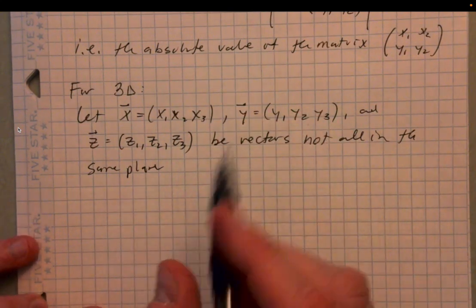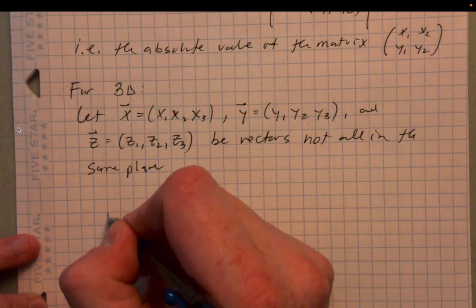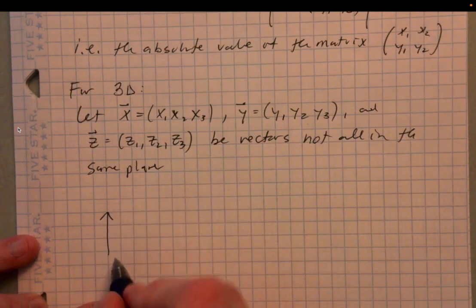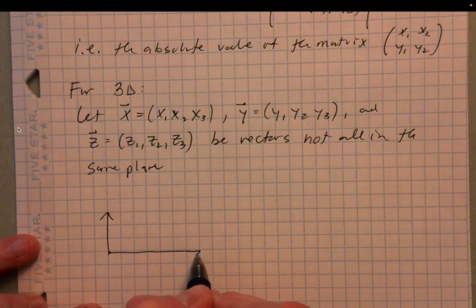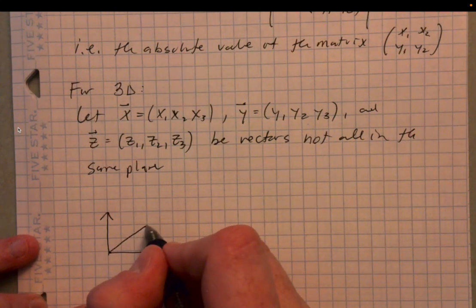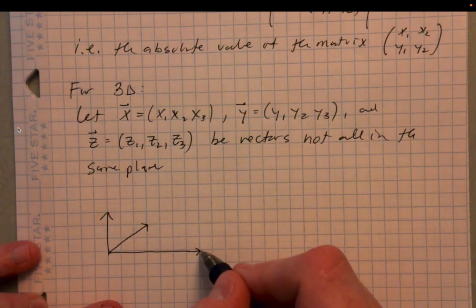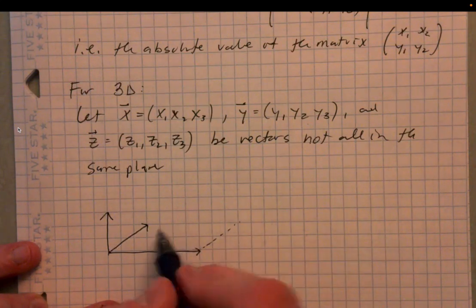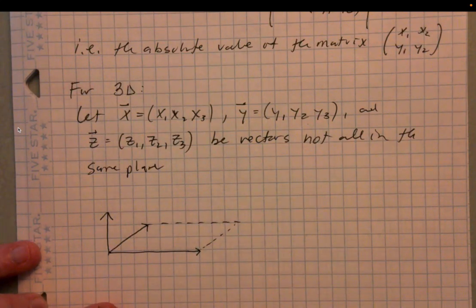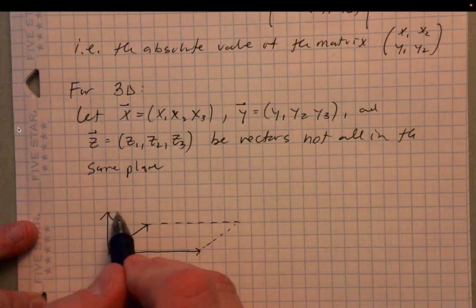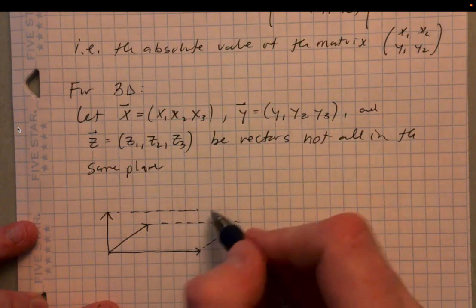Let's draw a picture here. I've got a vector going that direction, a vector going that direction, and another vector going that direction. Similar to the way the previous 2x2 scenario implied a parallelogram, these imply what's called a parallelepiped, and it's going to look a bit like this.